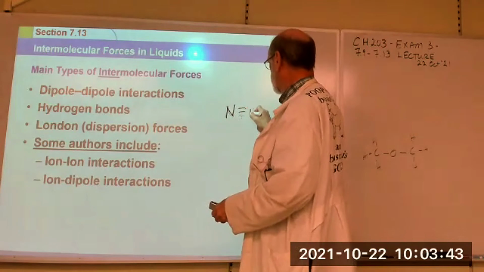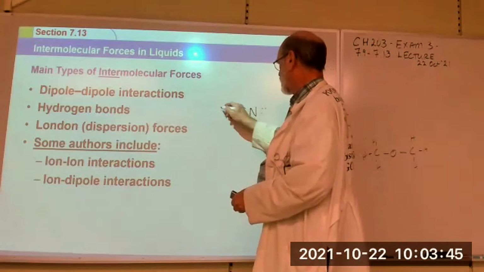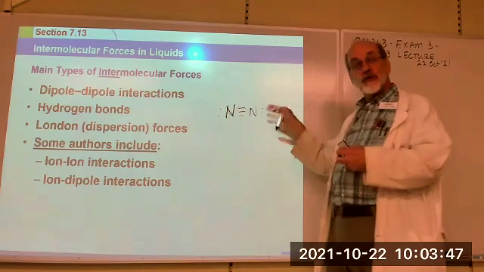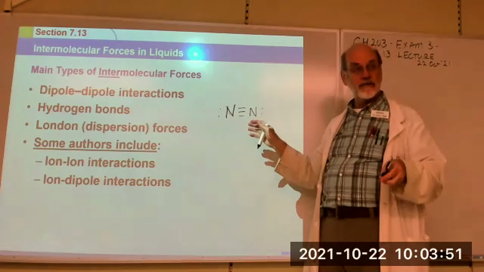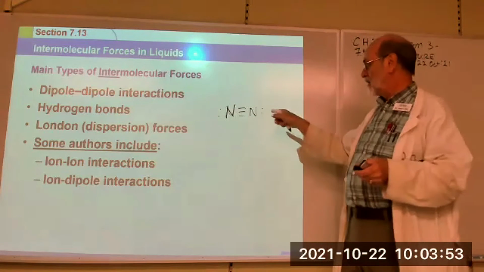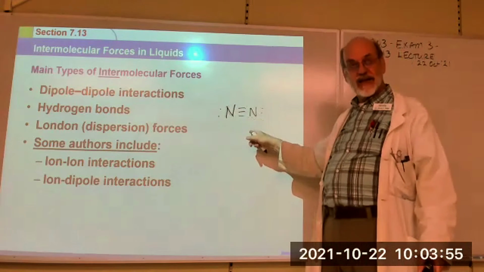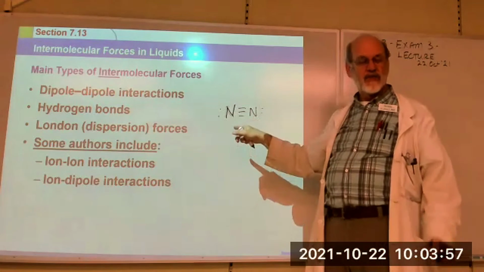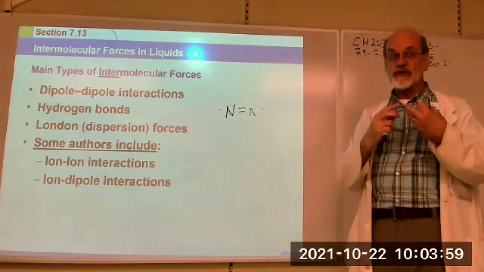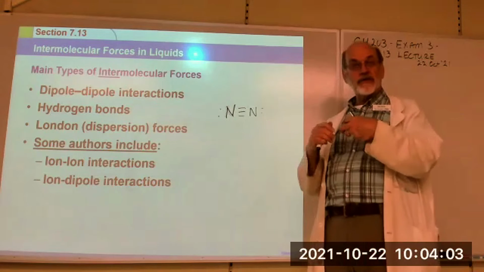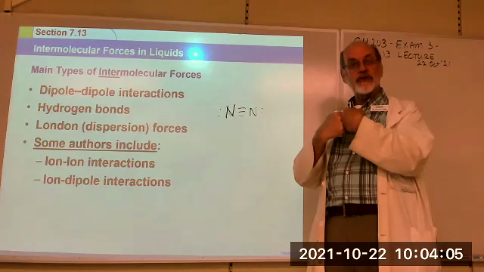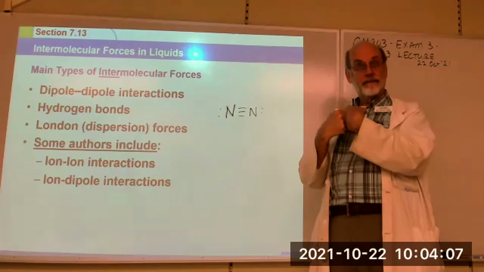Nitrogen gas is like that. You got two of the same nitrogen, so there's not going to be any polar bonds here. But nitrogen can condense into a liquid. So that means there must be some forces in there that will hold those nitrogens together in a closer association, right?